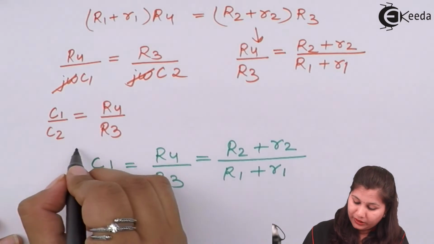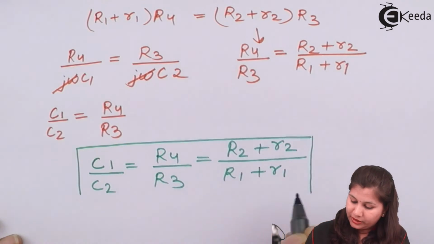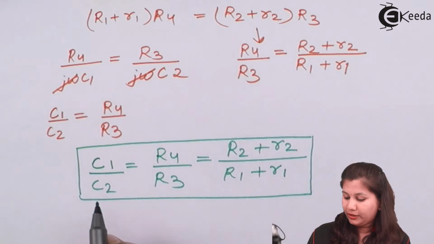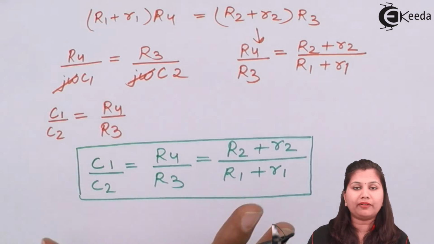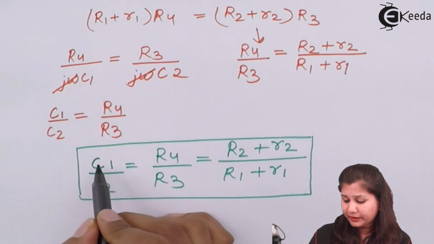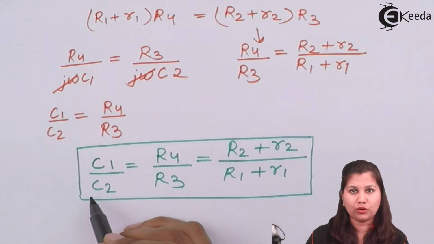Through this we can measure the value of the unknown capacitance C1 in terms of the value of the known impedances. Also we can compare the value of two capacitances.